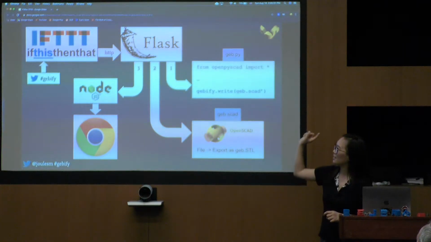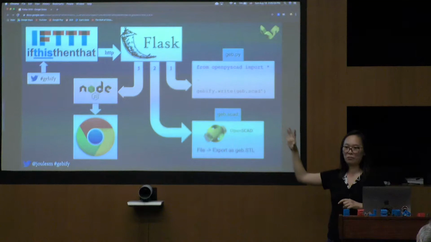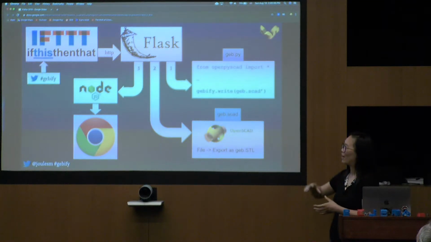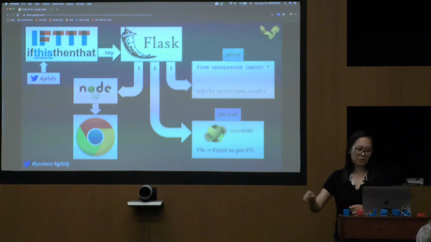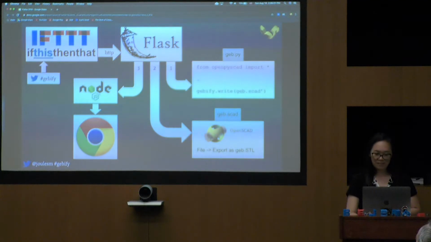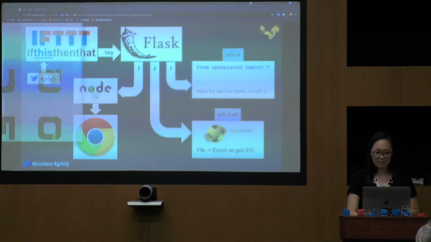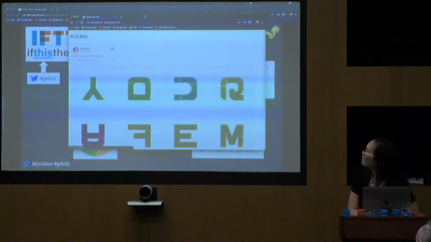And the last thing it does is it tells this Node server, and we're using Node because we want to end up using WebSockets, and it was easier to do it that way, to open it in a browser to see this.